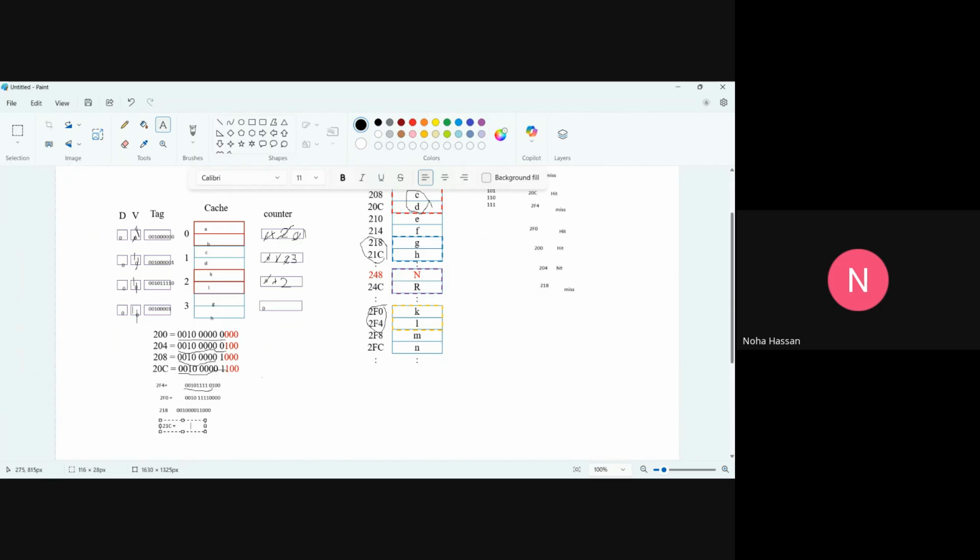C means 12. So if you want to write it in binary, we write it like this, 0, 0, and then 1, 1. And then I have the 1. So I have the 1 here, 0, 0, and then I have 0, and then I have 2. So I have here 0, 1, 0, 0.